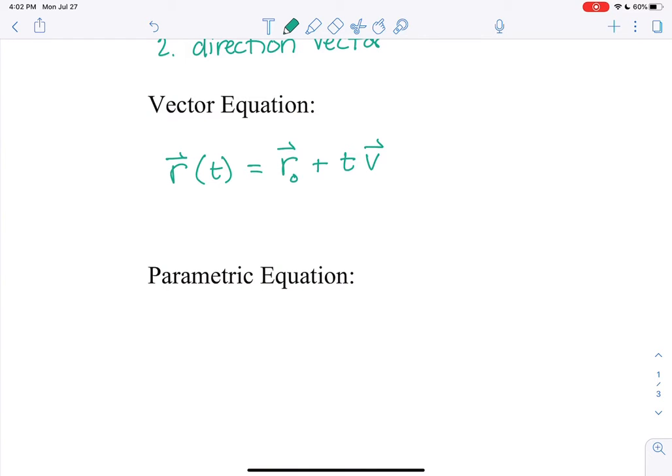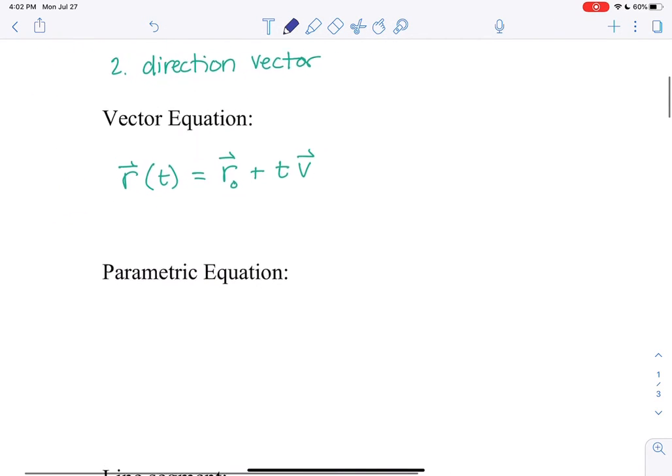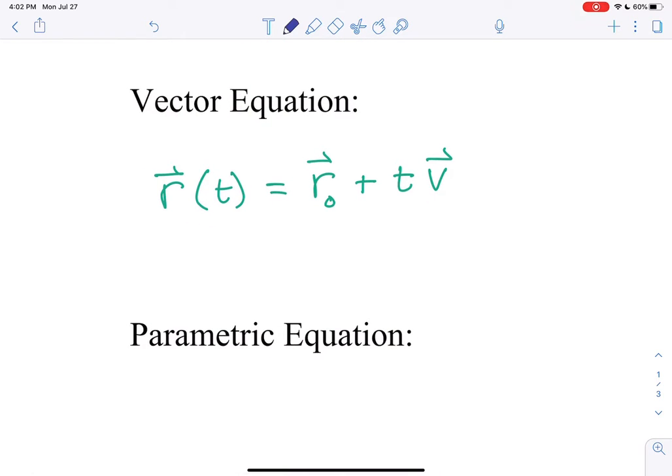We'll dissect what these different components mean. This r of t here is just your line, the line equation expressed as a vector. t is what we call a parameter.